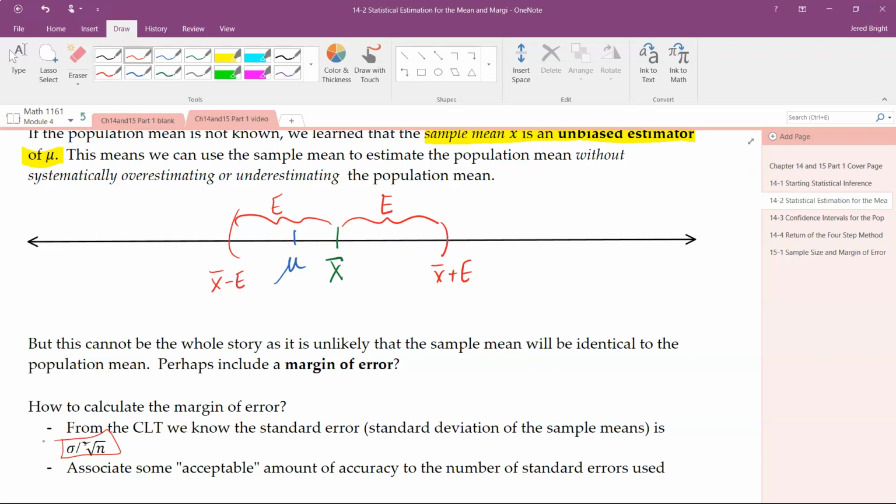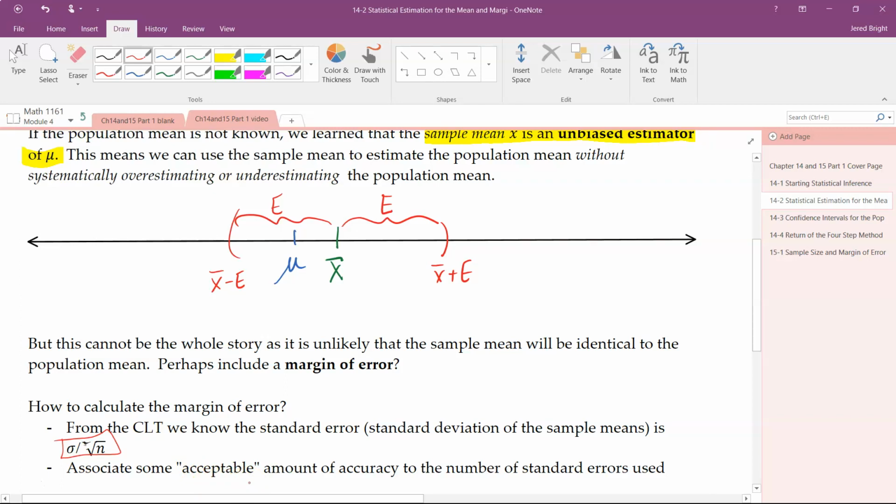We can say it's however many standard errors from the mean. But notice my language there: how much? That's the other piece that we need. We need to know how many of these standard errors away from the mean we're willing to go from x bar. And that's this acceptable amount of accuracy.